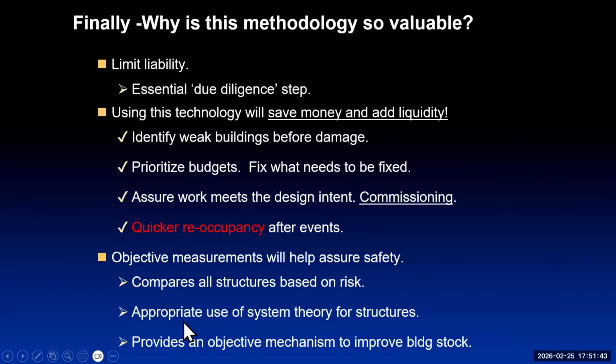So anyway, it's the appropriate use of system theory. And again, in ASCE 11, it says if you have a methodology that gives holistic system information, those are preferable. So it falls into line very nicely to take these measurements, quantify the risk, and complement visual inspections to maintain structural integrity for all of our structures.